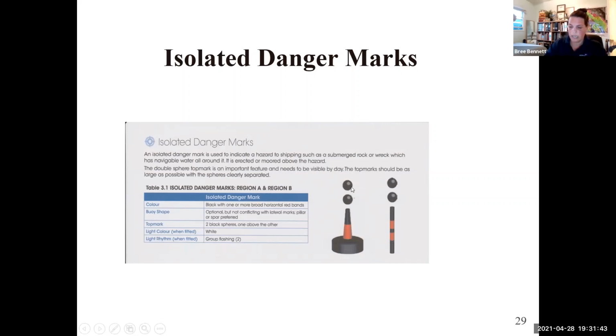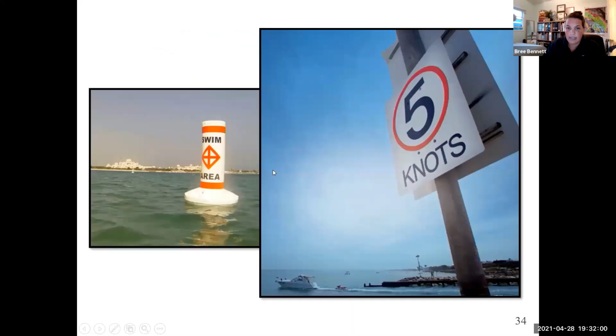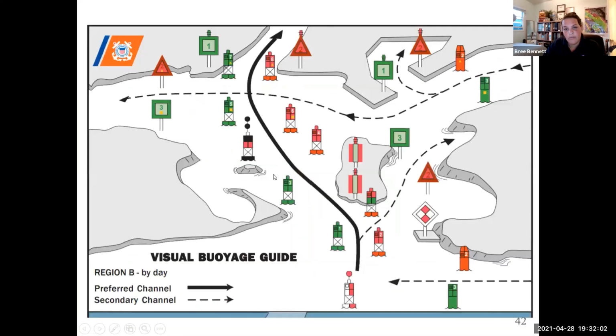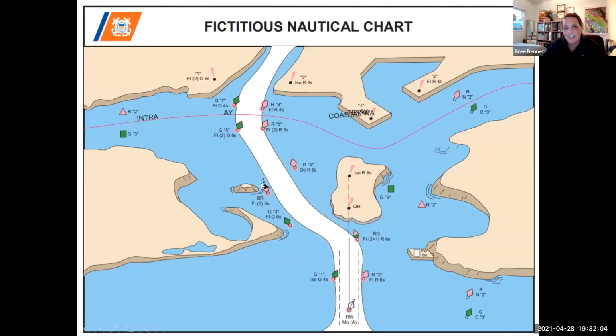You'll have your two top marks, which are your spheres, and if it has a light, it will be white. So let me go back to this picture.